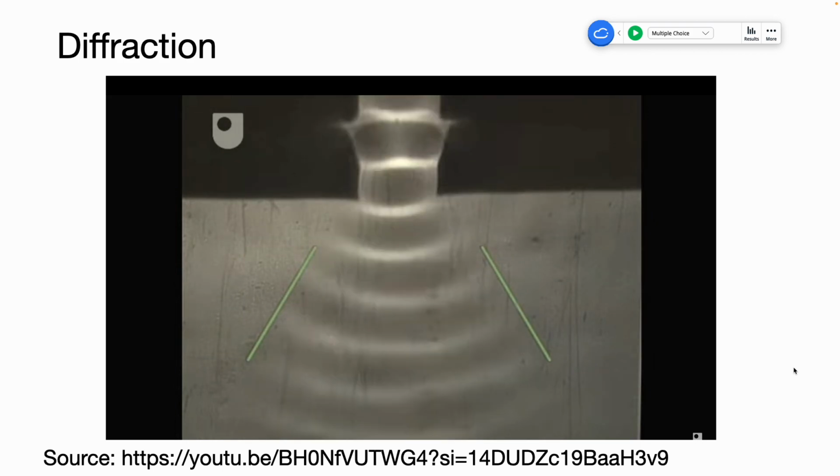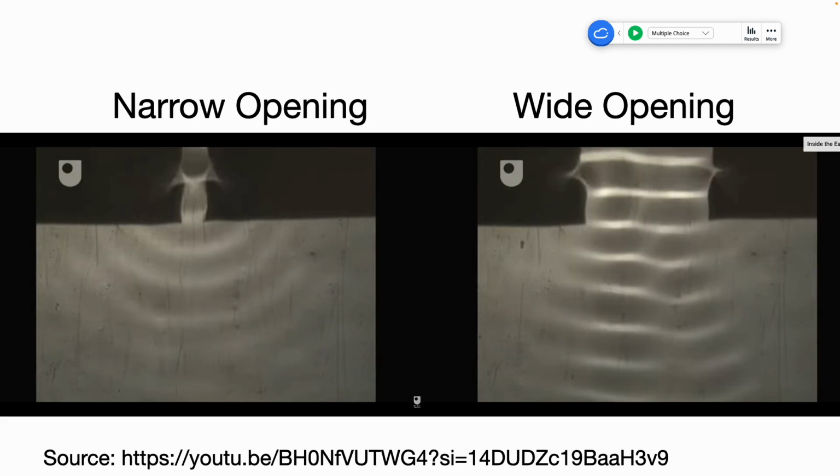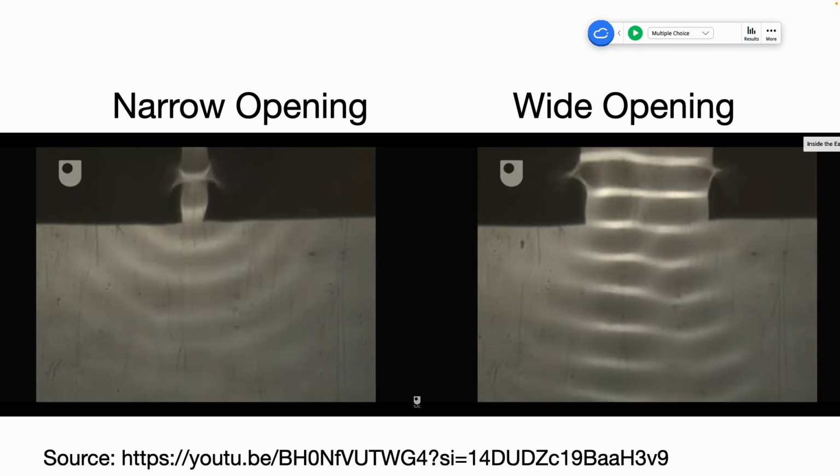This is very different from a particle. If you have a particle going through a slit, it just hits somewhere behind the opening. But the wave can go around the opening and reach somewhere that is behind the barrier. When you have different sizes of opening, you have different amounts of diffraction.